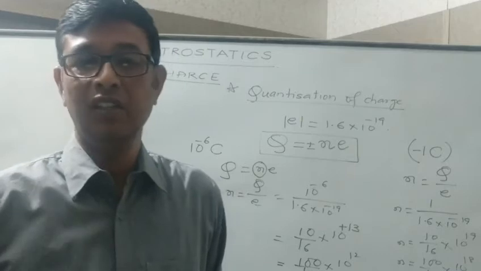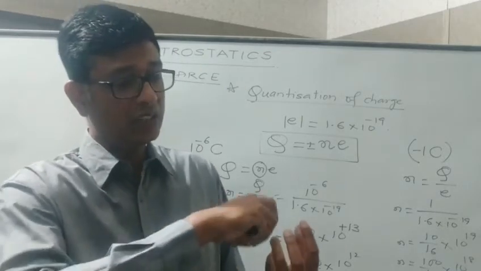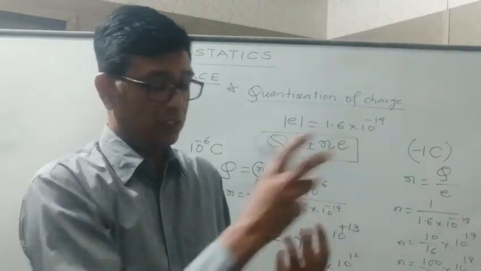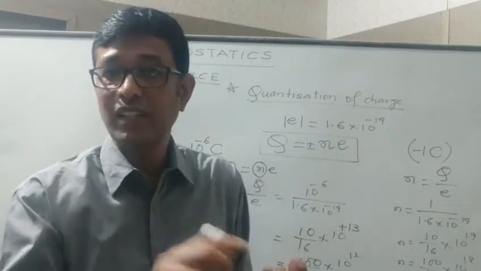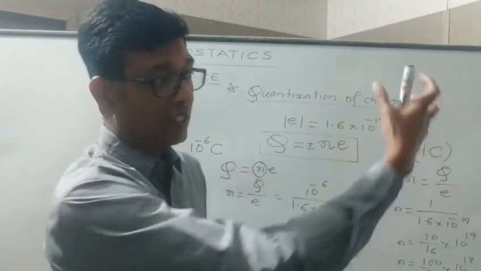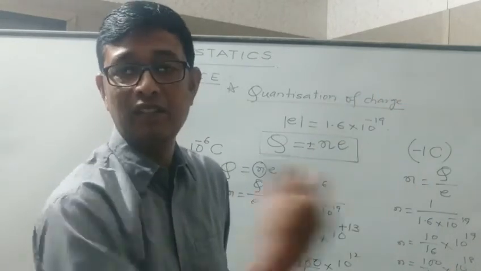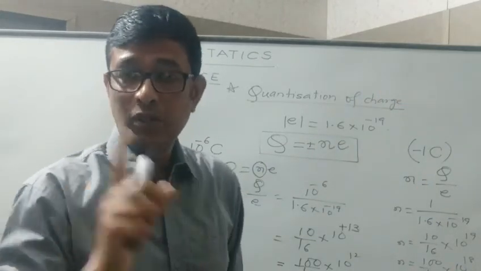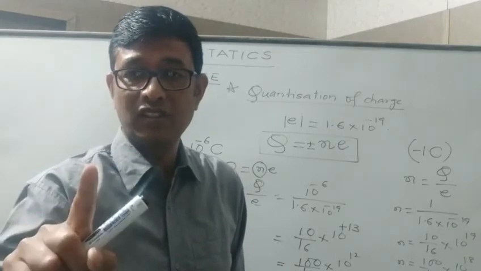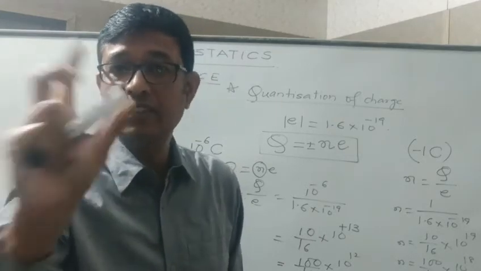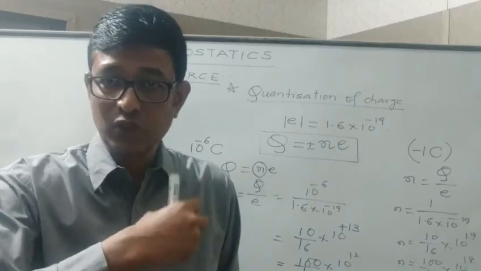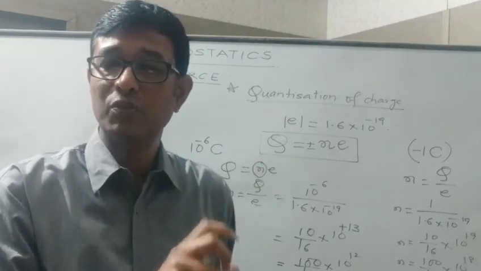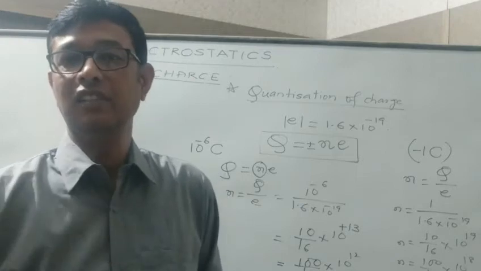kg. So when electrons get transferred from one body to another, the body that loses electrons is obviously losing matter as well, while the other body that is gaining electrons is gaining matter. So the body that acquires a net negative charge, its mass will slightly increase, while the body that acquires a net positive charge due to loss of electrons, its mass will slightly decrease.